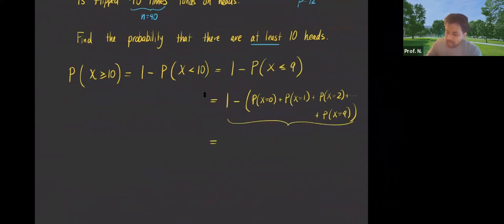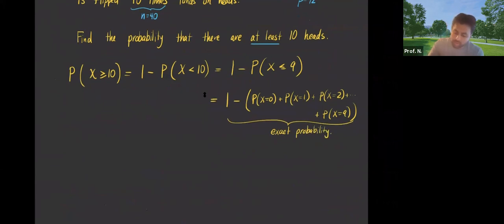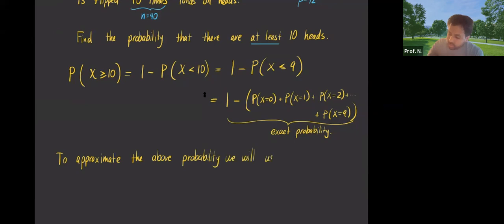If we compute this, this would be the exact probability of what we're asking, right? But now we're going to use the normal distribution. So instead, to approximate the above probability, we will use the normal distribution.